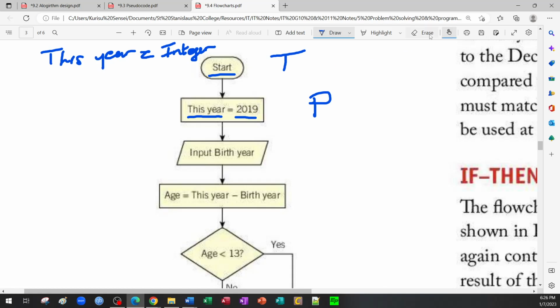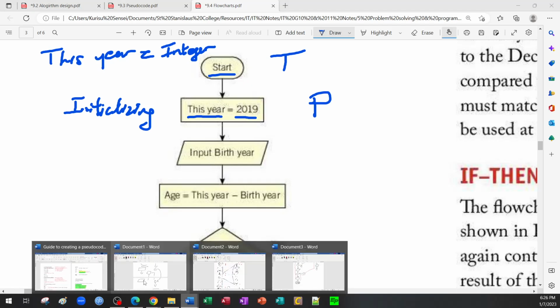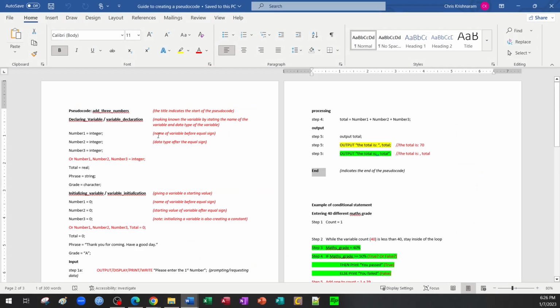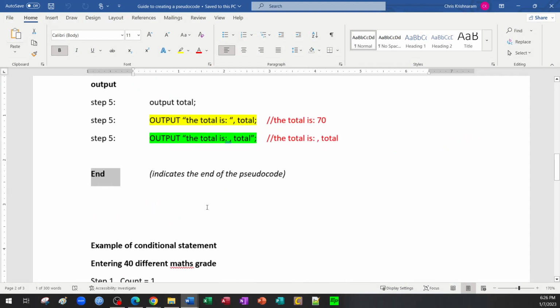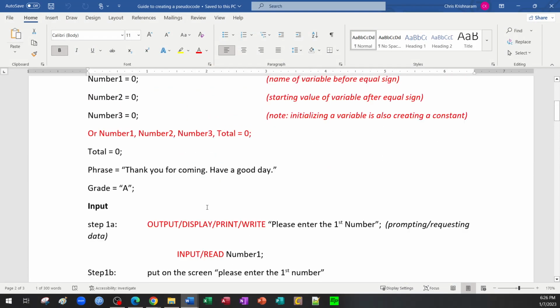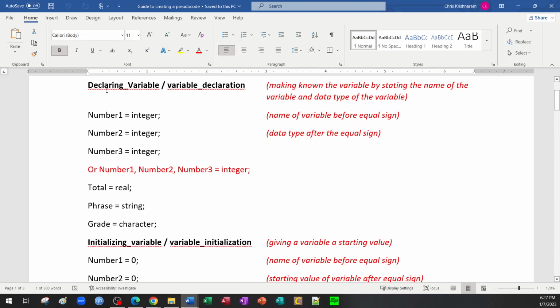Initialization. Very good. So here we are initializing a variable. Remember, initializing basically means to give a variable a value. We covered all of this already when we were looking at pseudocode.